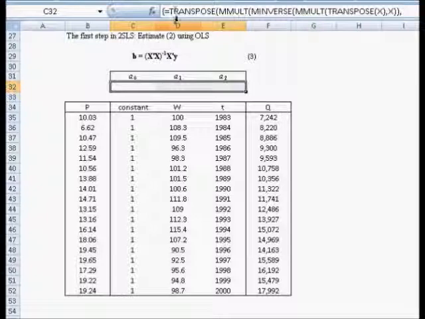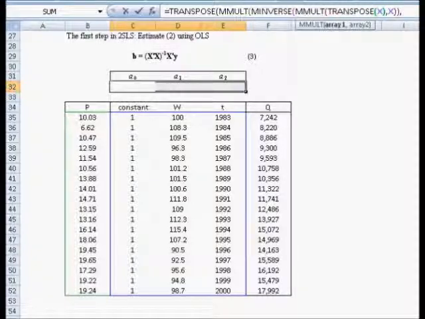Now type, which I've already typed for brevity, equal transpose open parenthesis M multiply. M multiply stands for matrix multiply. Then open parentheses again, M inverse. M inverse is matrix inverse. Open parentheses. Matrix multiply, M multiply. Open parentheses.